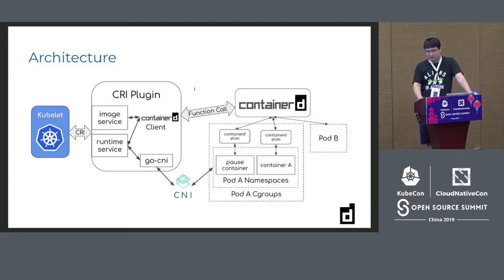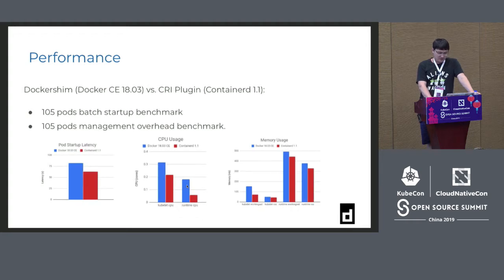Then we use containerd to pull the image, and then kubelet wants to start a pod, and we set up the pod environment. When we set up the pod network, we use the CNI plugin and CRI plugin. Then the pod is ready.